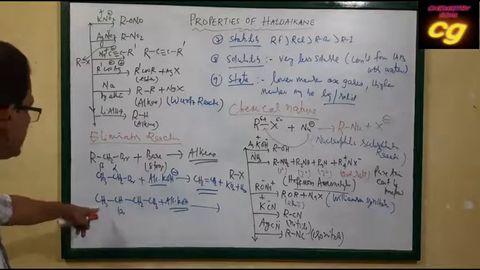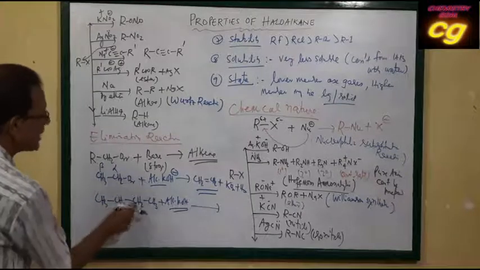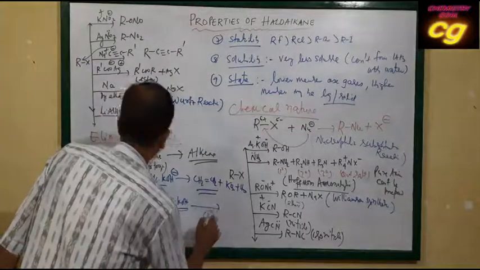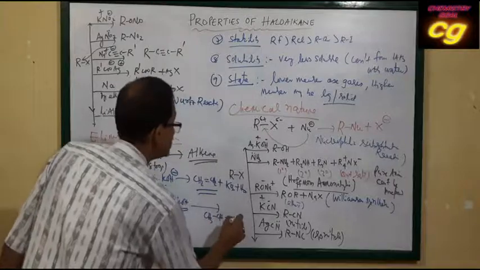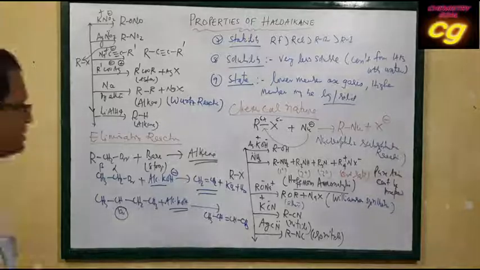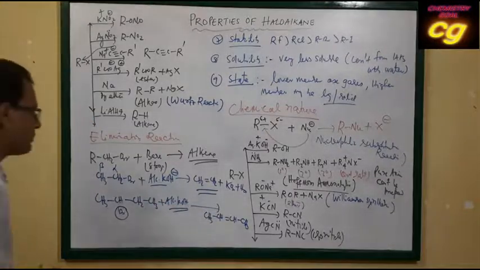So what happens here? Bromine will be removed from here, and hydrogen from the adjacent carbon. So the product is CH3CH=CHCH3. It is one product.